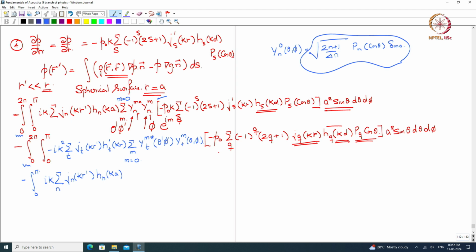Now this is only m equal to 0. So I get square root of 2n plus 1 by 4 pi Pn cos theta dash from here.